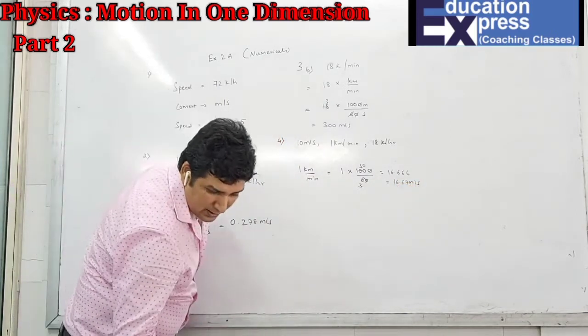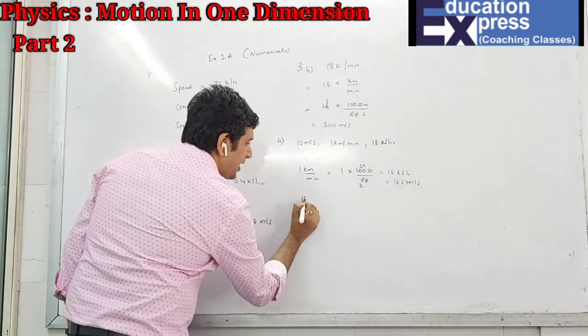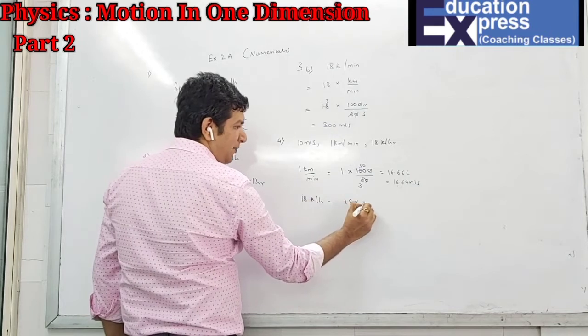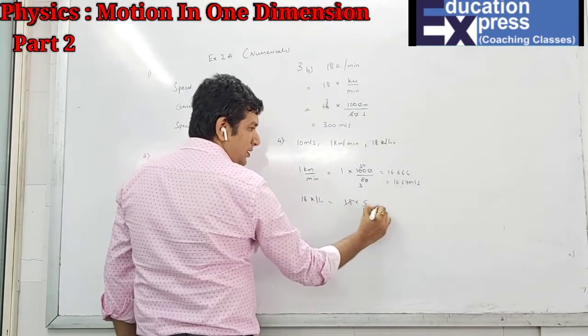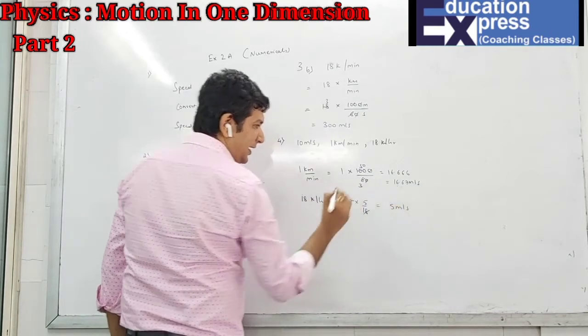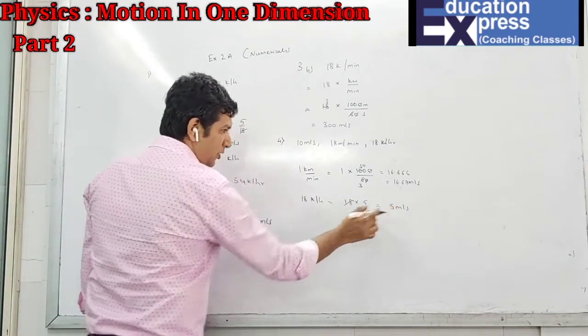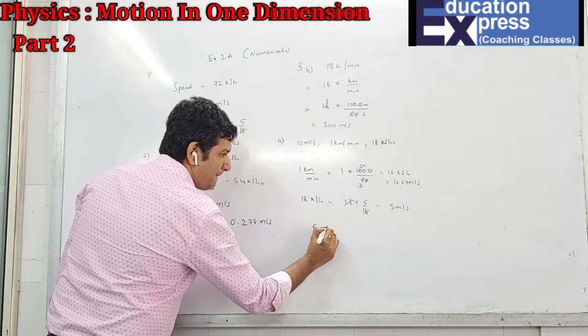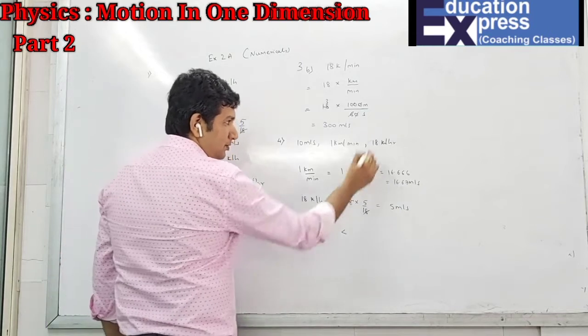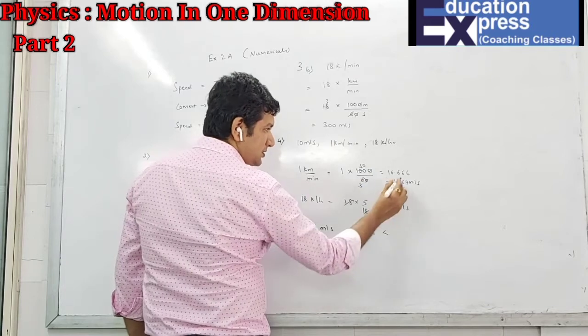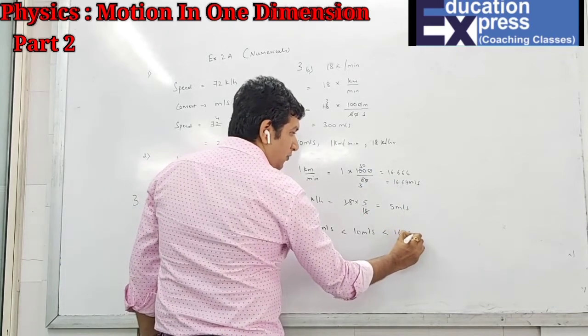Last is 18 kilometers per hour. And we all know to convert 18 kilometers per hour into meter per second, we directly multiply by 5 upon 18. That is 5 meter per second. So increasing order means small to big. Smallest is 5, then 10, and then 16.67.